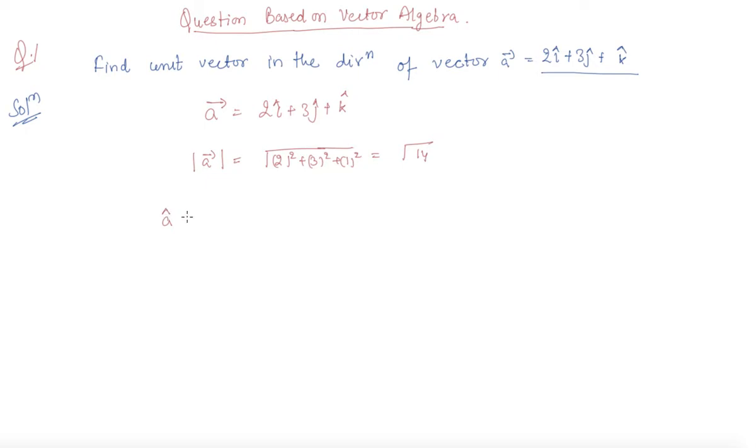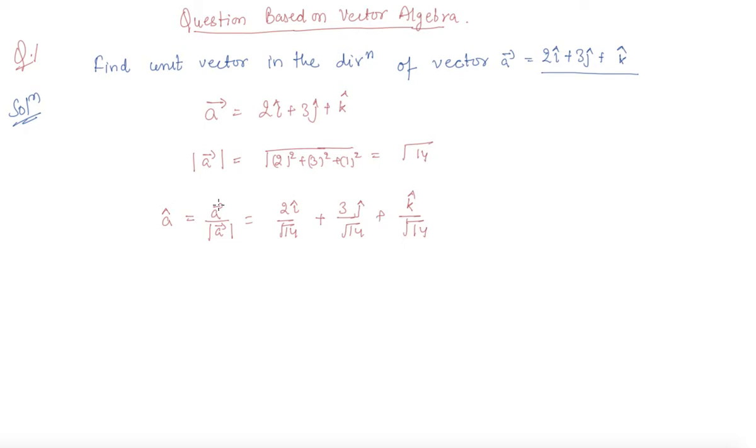So the unit vector is vector a upon mod of vector a, meaning 2i cap upon root 14 plus 3j cap upon root 14 plus k cap by root 14 is the unit vector in the direction of this vector. Okay, so this is how we find the unit vector.